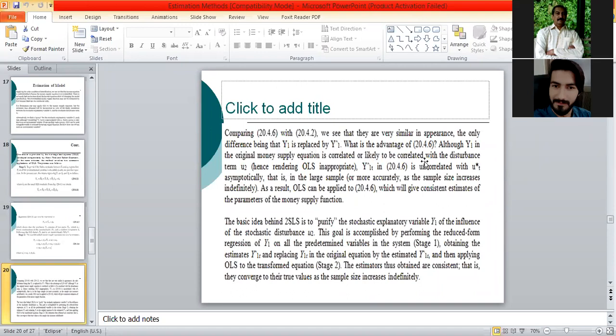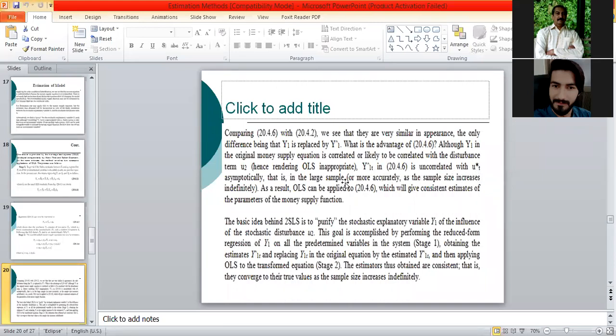What is the advantage of this replacement? Y1 in the original money supply equation is likely to be correlated with the disturbance term, but Y1 hat in the modified equation is uncorrelated with the error term.